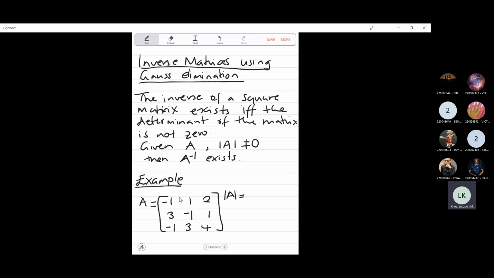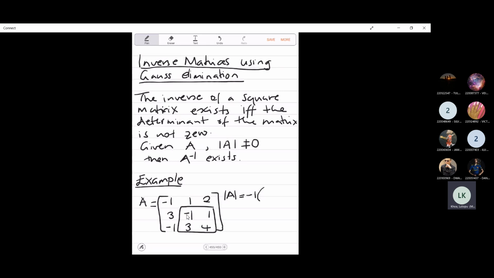This is equal to, I take this first number, -1, and multiply it by the determinant of the matrix over here. Because -1 is in this row and that column, I remove them, and what is left is this matrix.